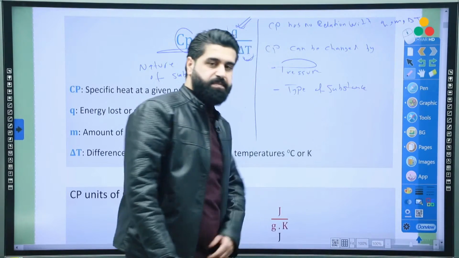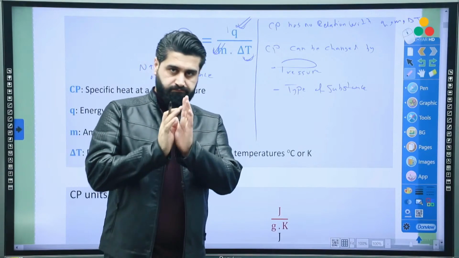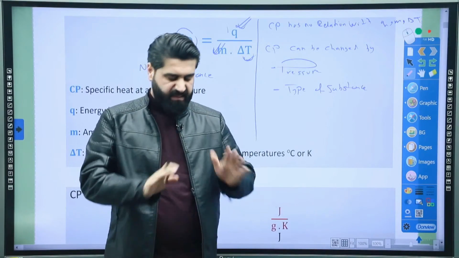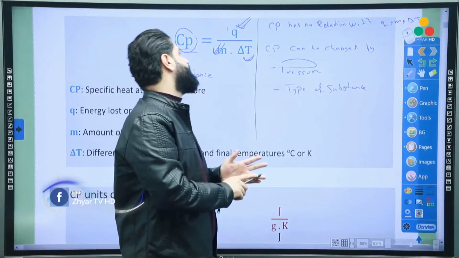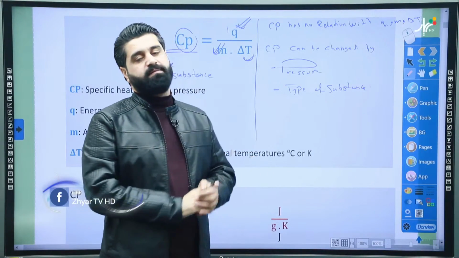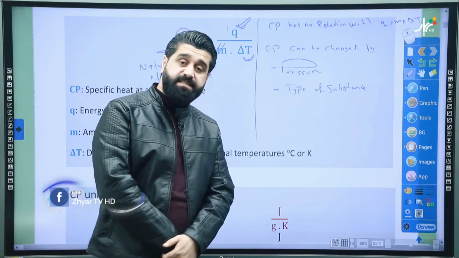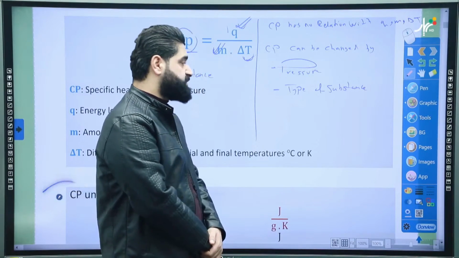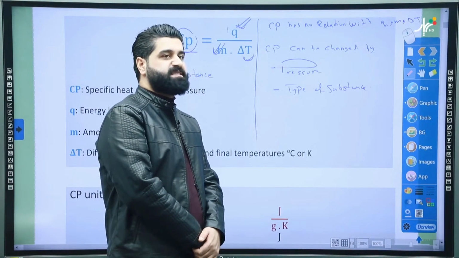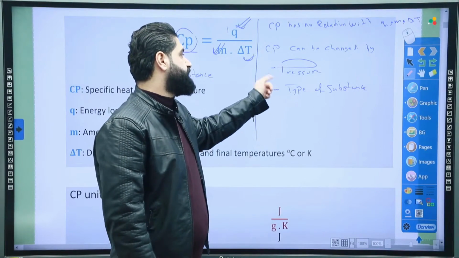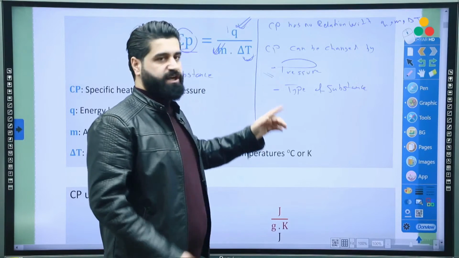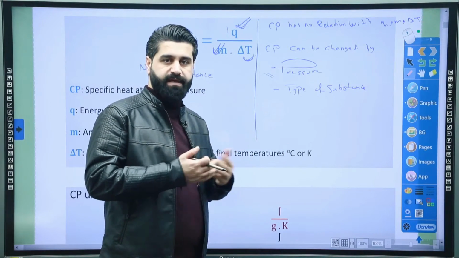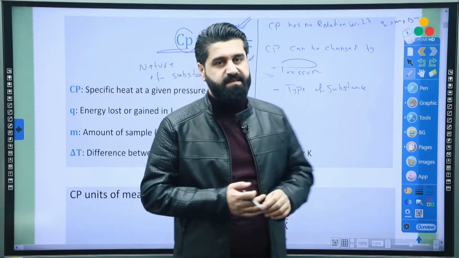That means Cp for aluminum is constant. Changing T will not change Cp, Q will not change Cp, M cannot change Cp. So how can Cp change? Cp for aluminum stays constant until you change the pressure. When you change the pressure, Cp will change. And if you change aluminum to iron or copper or sodium or any other substance, Cp will be changed.